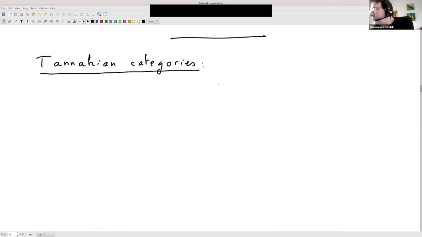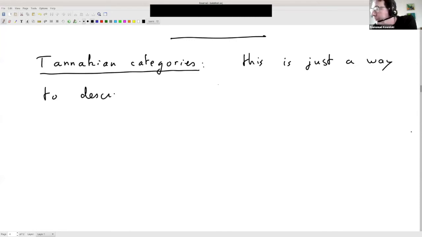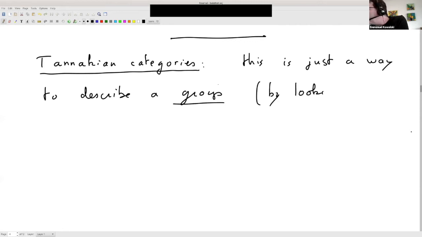So these are objects which are quite complicated algebraically, but in a sense, this is just a way, which I will not try to describe precisely now, to describe a group. It's just another way of thinking of groups, and without trying to give a definition, which I probably would not succeed in doing correctly.